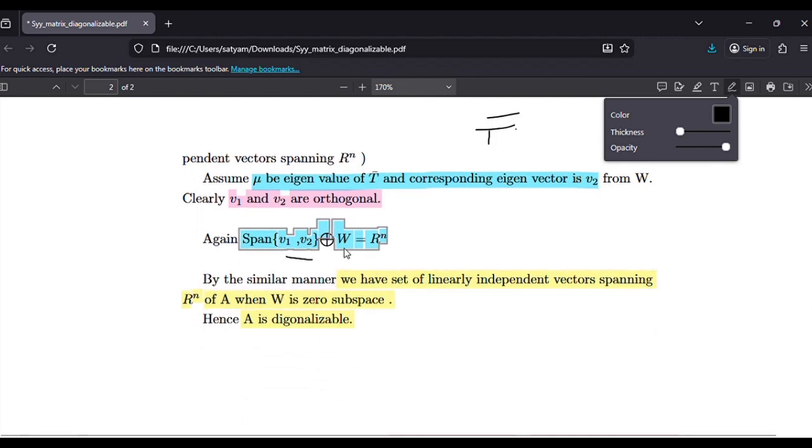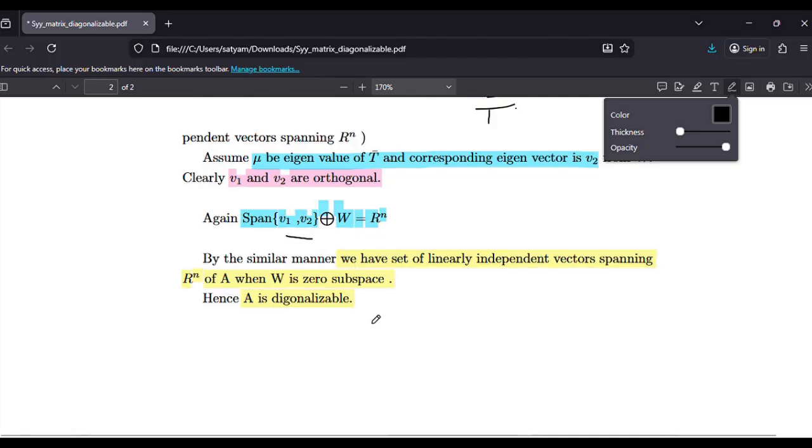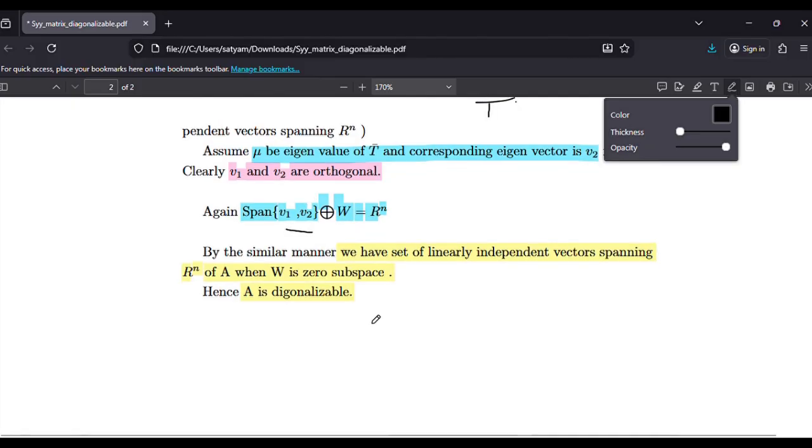In a similar manner, as long as W is non-zero, we keep getting vectors in the spanning set, and all those vectors will be linearly independent because they are orthogonal. Orthogonal vectors are linearly independent.